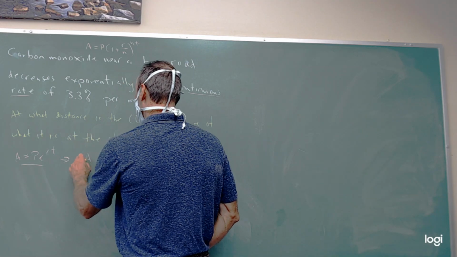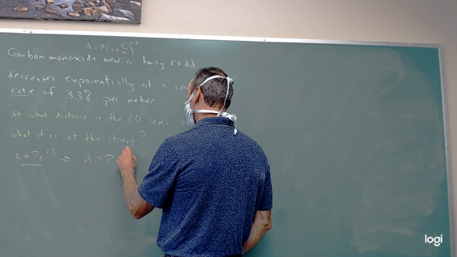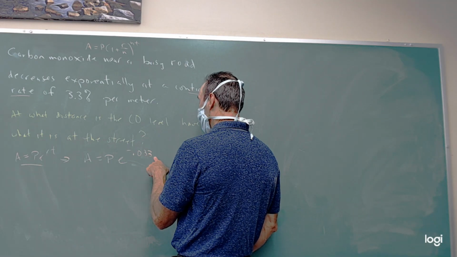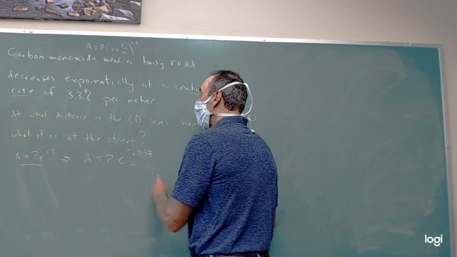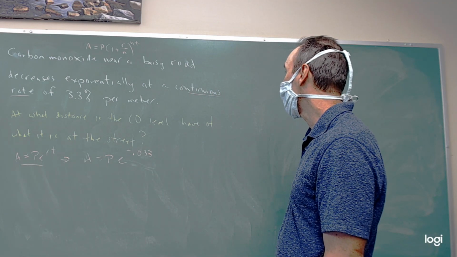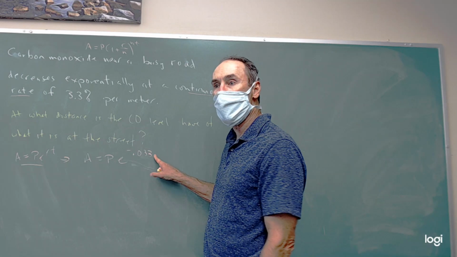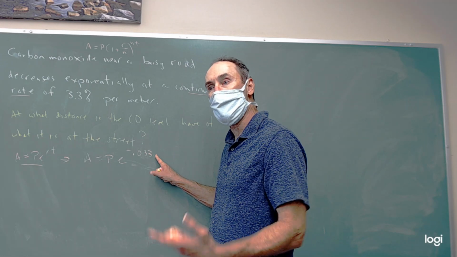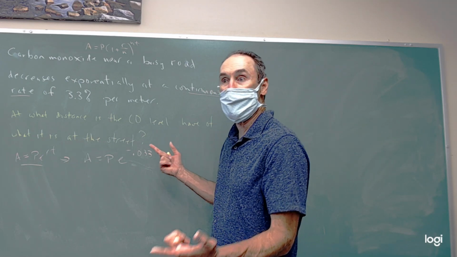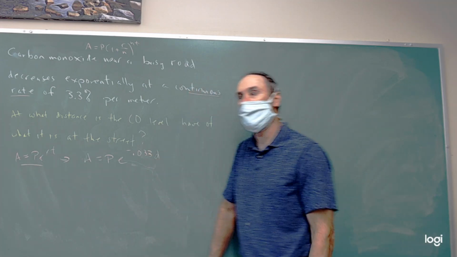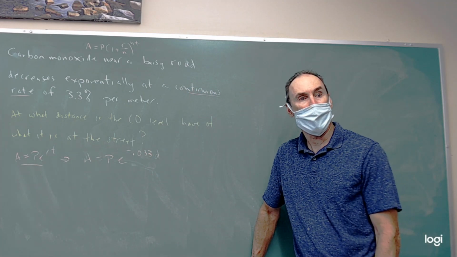So we're going to say A is P e to the negative 0.033 t, or in the context of this problem, it's not really time, right? Our carbon monoxide level is changing with distance. How many meters from the road? So is it okay if I just call that d to suggest distance there? Okay.